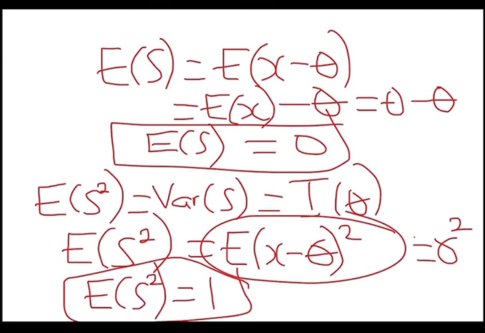The last example I'm going to do on Fisher is a situation where I have a probability distribution where two parameters are unknown. Maybe I'm working with x following a normal distribution with mu and sigma.